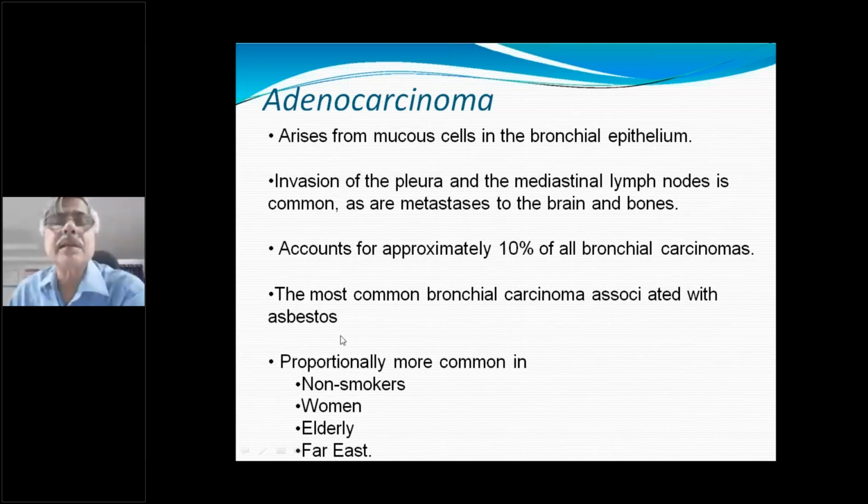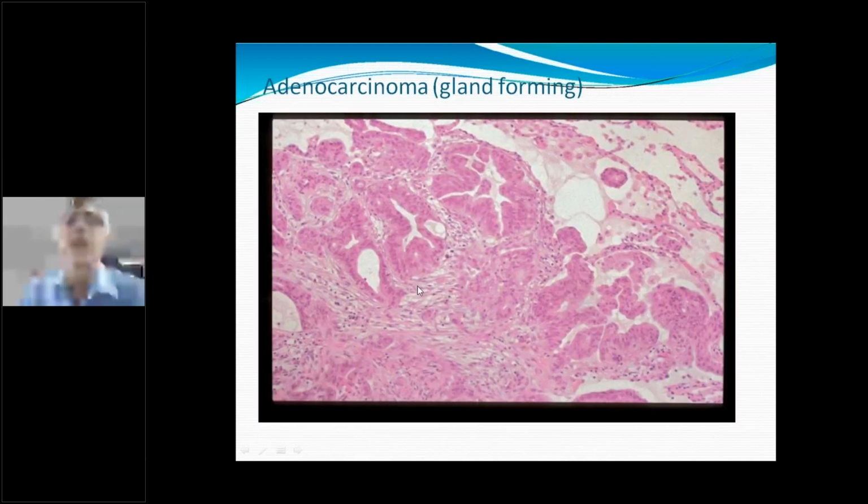It accounts for 30% of carcinomas. It is the most common carcinoma associated with asbestosis. It is proportionally more common in non-smokers, whereas squamous cell carcinoma is present in smokers. Adenocarcinoma is present in non-smokers, mostly women and the elderly. It arises from glands.